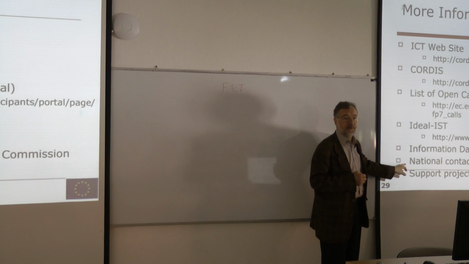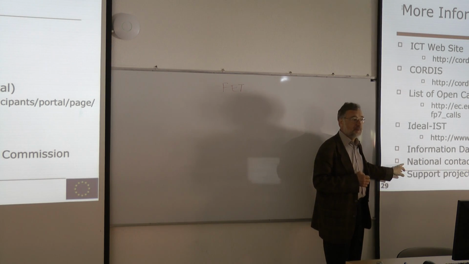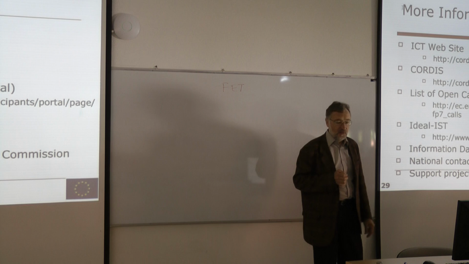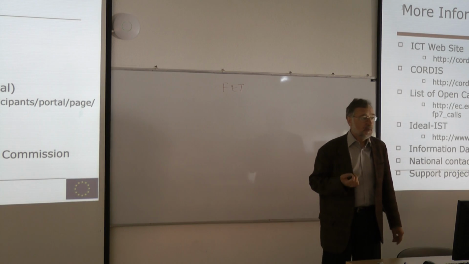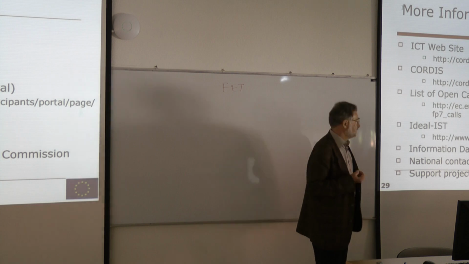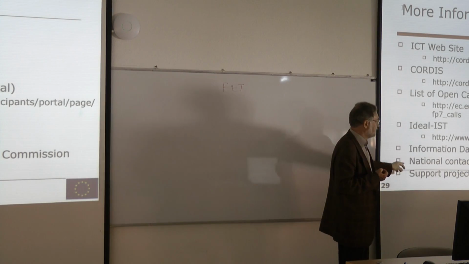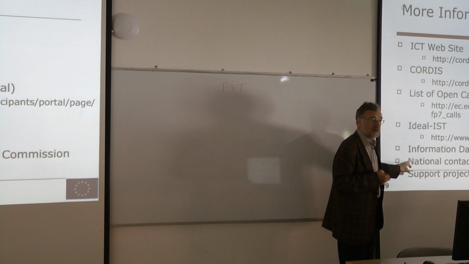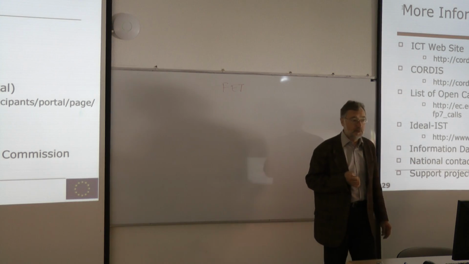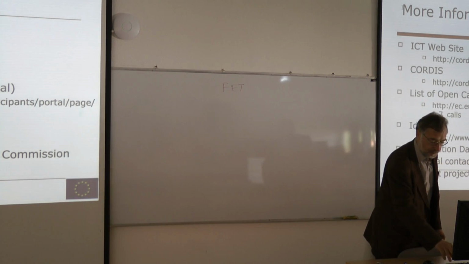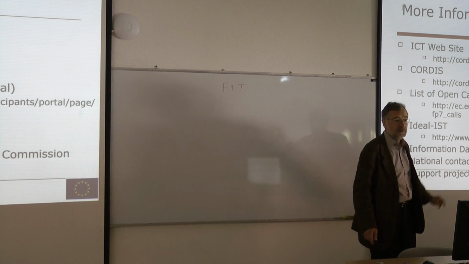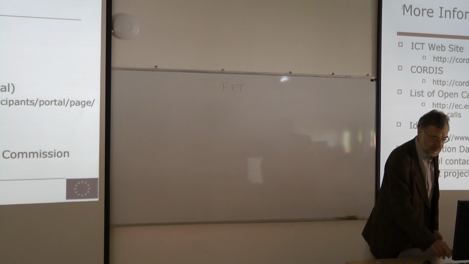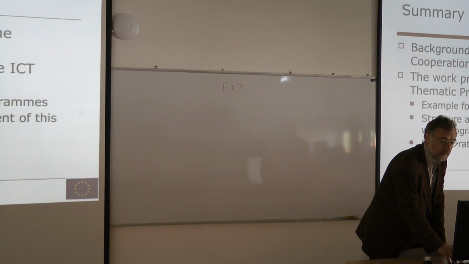For example, in each country we have some people who have the responsibility given by the European Commission to provide information about these programs, and these are called the national contact points. There should also be national contact points in Bosnia and Herzegovina. And you may find them actually on this website. You can see there is the national contact point.